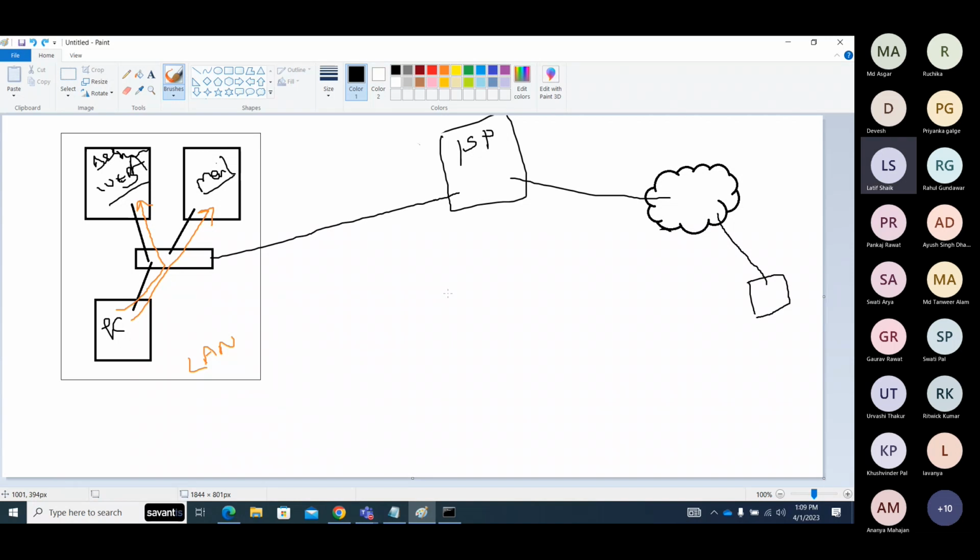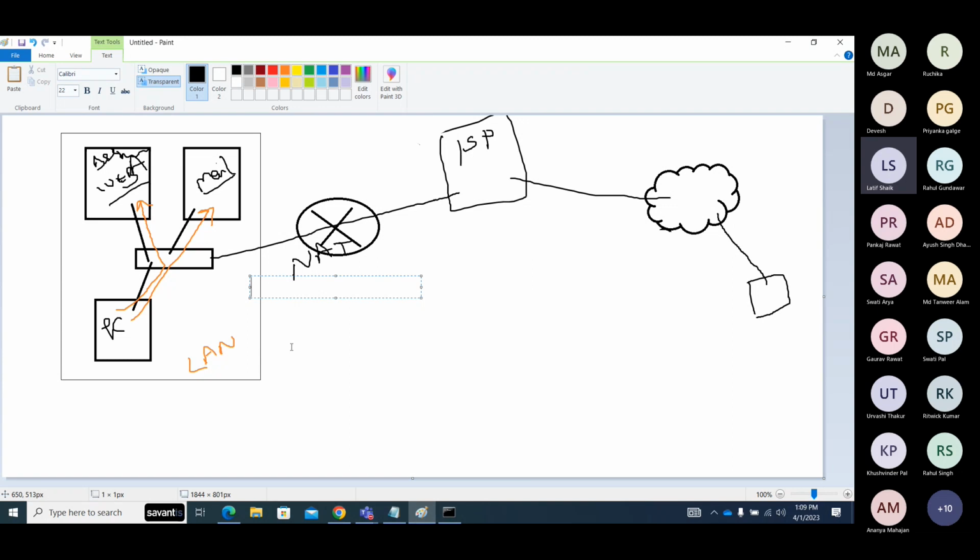Now, I don't want to put a public IP on my server, so I follow a technique. This is my router. I configure it like this, called a NAT configuration. This PC's IP address is a private IP.